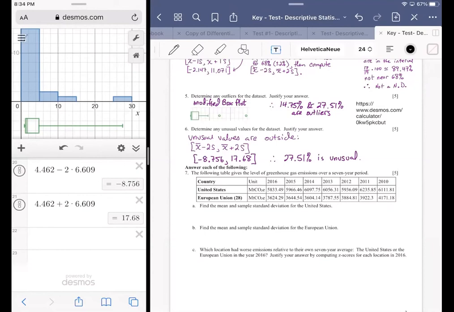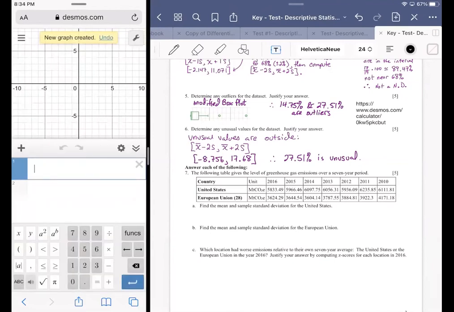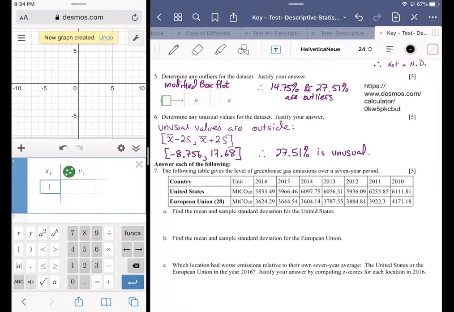So in number 7, again, it's asking for us for the mean and standard deviation, 2 different data sets. So I'm going to create a new Desmos here, new blank graph. I have 2 data sets, so I'll put them in 2 different columns.